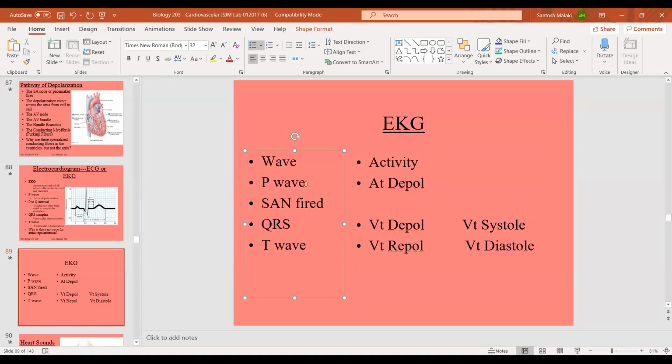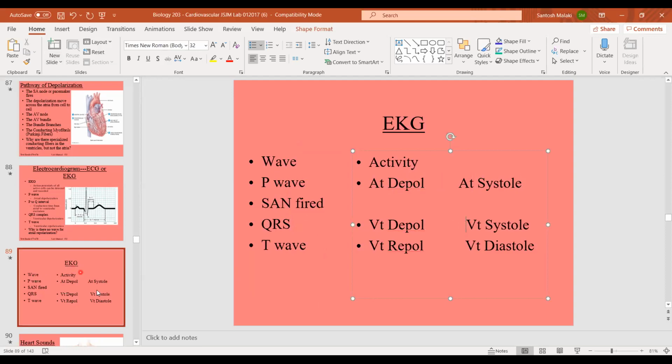So the presence of a P wave tells me the SA node has fired, the pacemaker is working, it's sending out an electrical impulse, it's spreading in the atria, the atria is contracting, the activity is depolarization, and the physical event occurring is that the atria has contracted, and that is called atrial systole. And then we go to the QRS, which is a huge wave, which tells me that the electrical activity has been picked up by the AV node, is spreading down the ventricles, is depolarizing, and it will lead to a ventricular contraction known as ventricular systole.